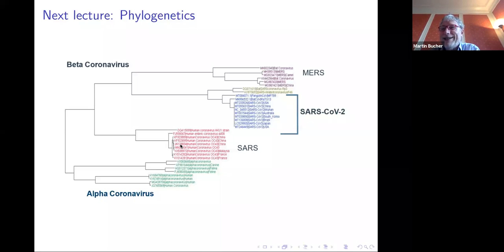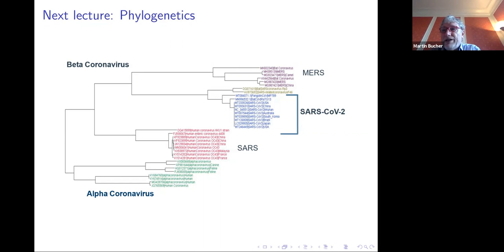So here, going to viruses, these are the different coronaviruses, and based on the differences in the genome, it's possible to establish, or at least establish with a high likelihood, what the family trees of these different strains are.